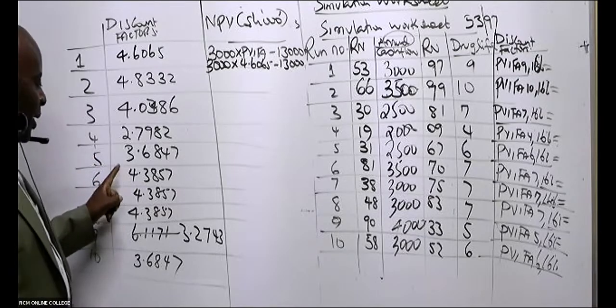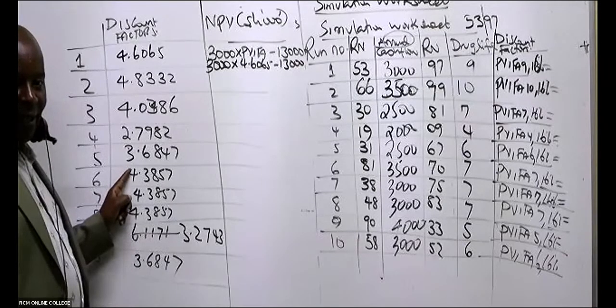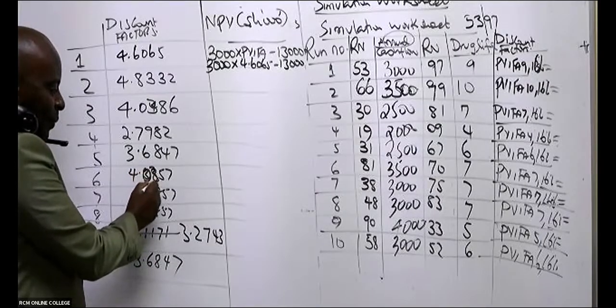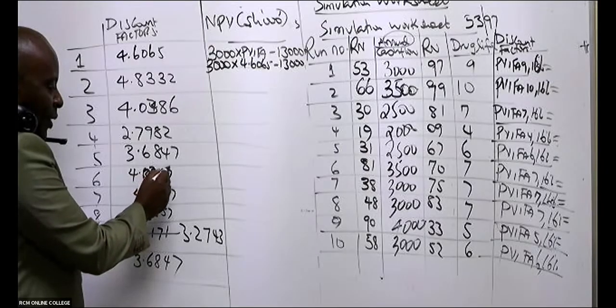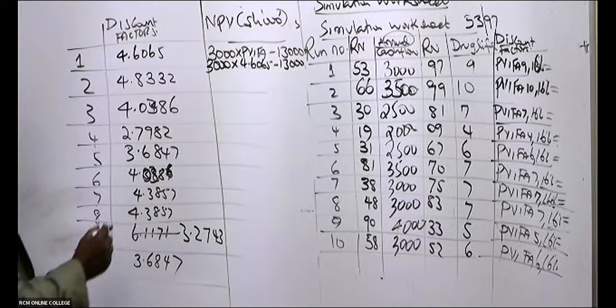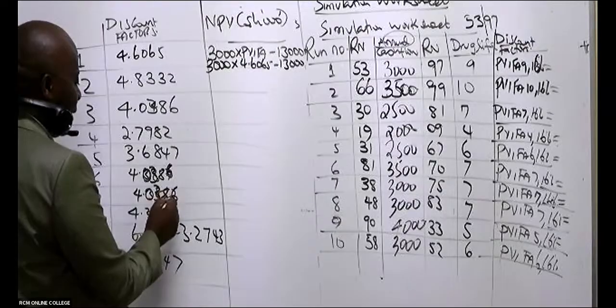This one here, number 6. Just check again. Yeah, 4.0386. You can repeat. 4.0386.